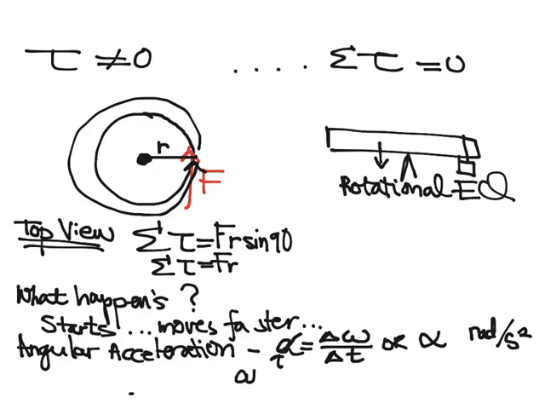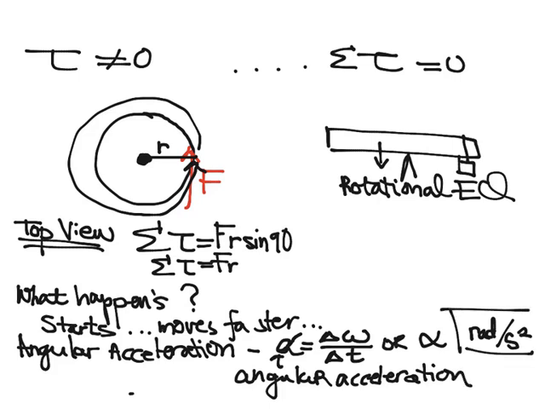So angular acceleration is this letter that looks kind of like an alpha. We'll learn more about it when I do rotational kinematics, but for right now, I just want you to know it's how fast our rotation is speeding up, and it's in radians per second squared.